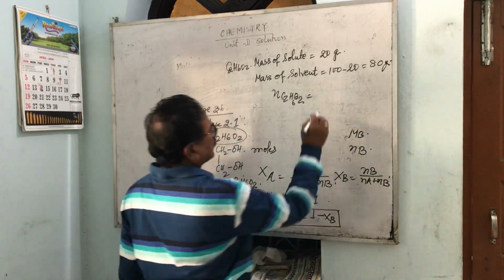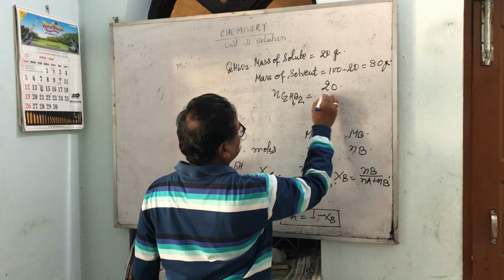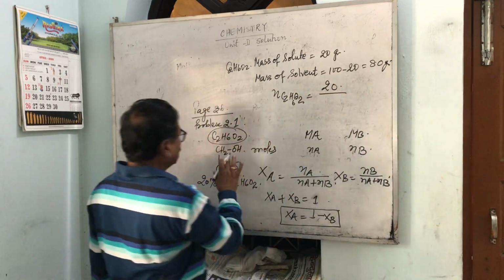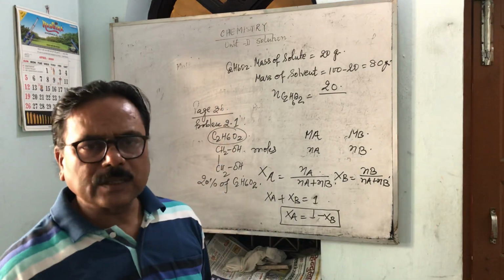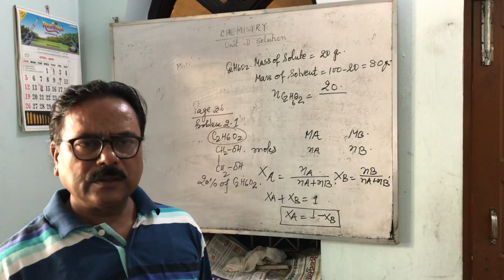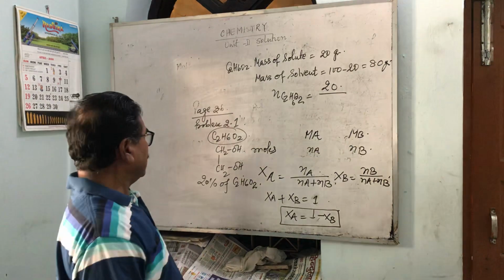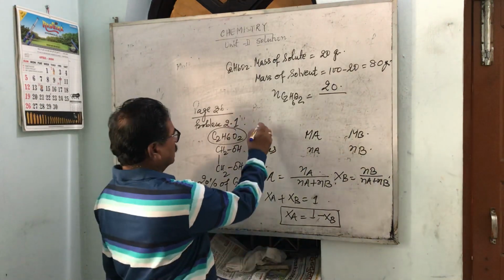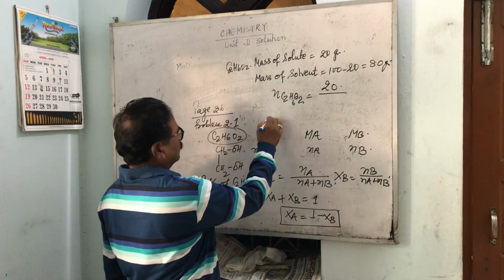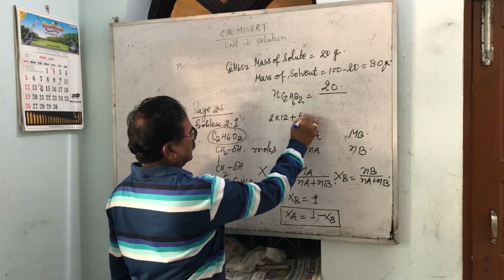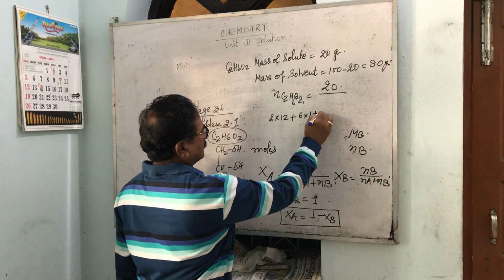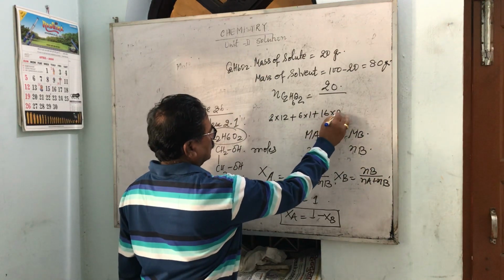So it comes to be 20 by, what is the molecular mass? We have the concept to calculate the molecular mass, as we know in class 11th and 9th also. So there is a simple way to calculate the molecular mass: 2 into atomic mass 12, plus 6 into atomic mass 1, plus 16 into 2.